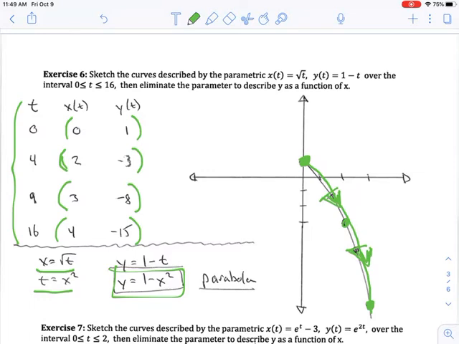However, you should practice doing it this way because this is one of the techniques that you need to be able to do. And it says sketch the curve described by the parametric equations and then eliminate the parameter. So the question is implying to sketch it as parametric equations first and then eliminate the parameter to kind of check to see what you're doing.